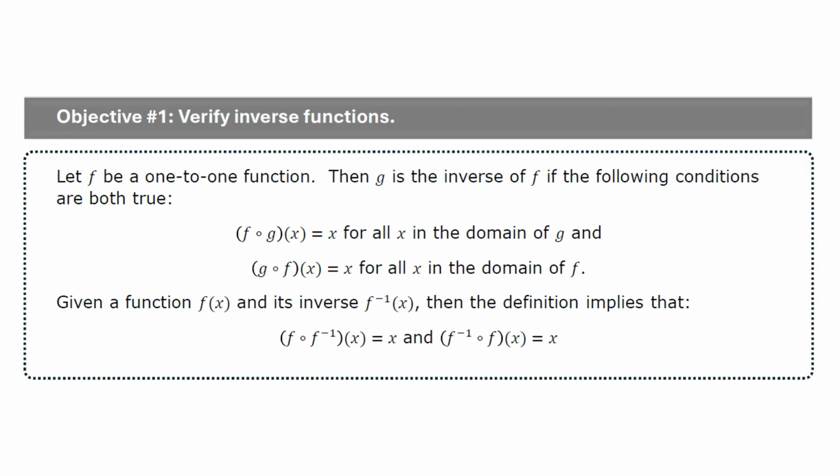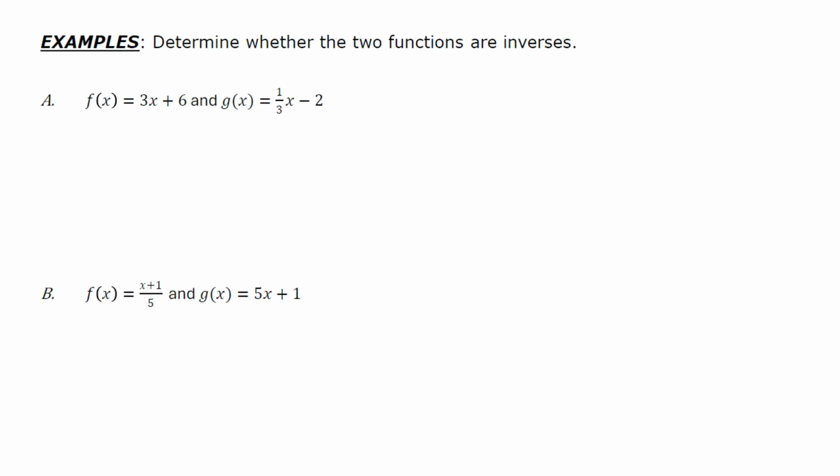So given a function f of x and its inverse function, the definition implies that f composition the inverse of f of x, and the inverse of f composition f of x would also equal x.